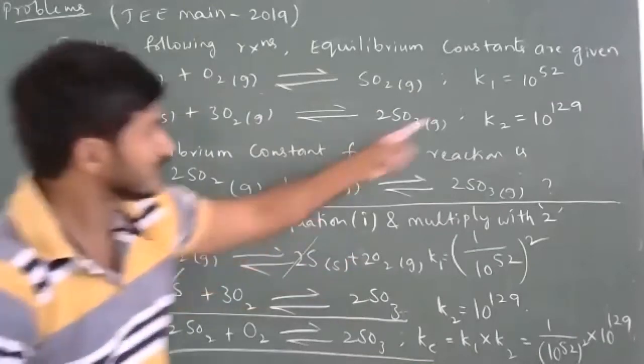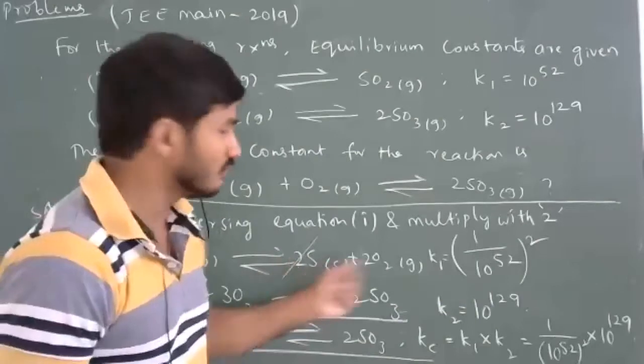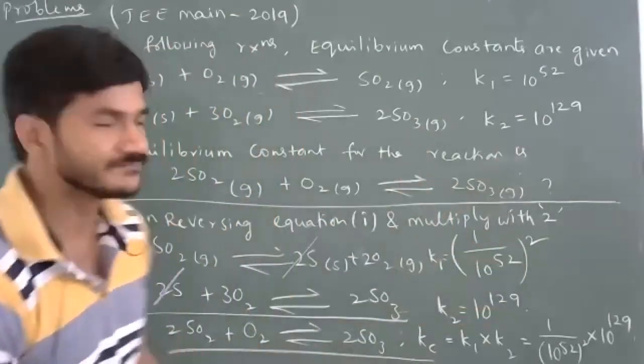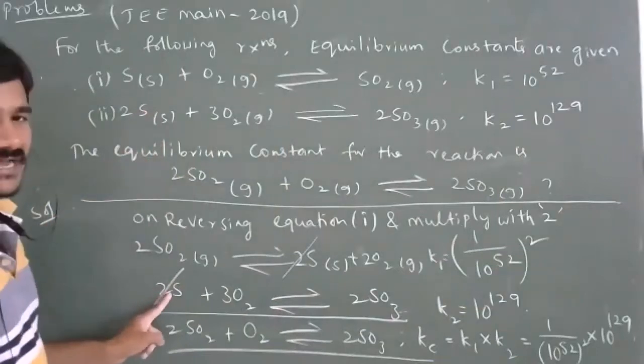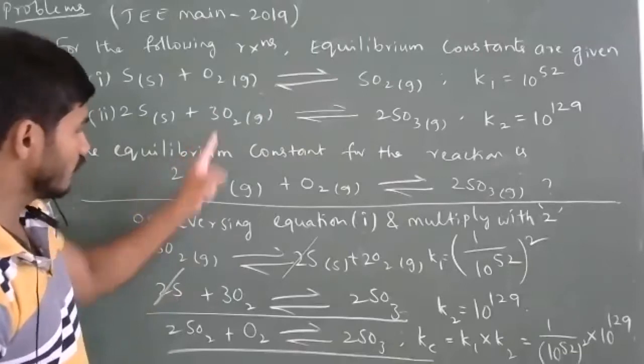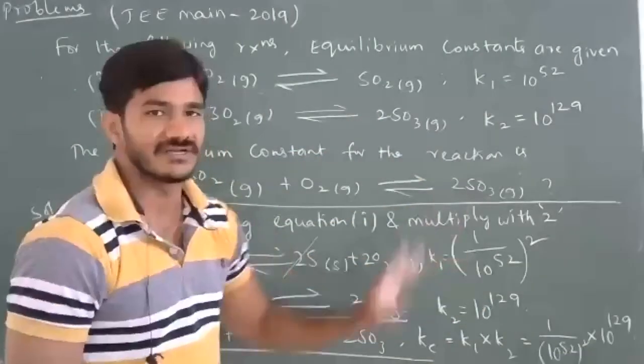On reversing, this becomes 1 by 10 power 52, and multiplying with 2, I write it as a power: 1 by 10 power 52 whole square. The second equation I write as it is, 2S plus 3O2 gives 2SO3, and K2 as it is, 10 power 129.